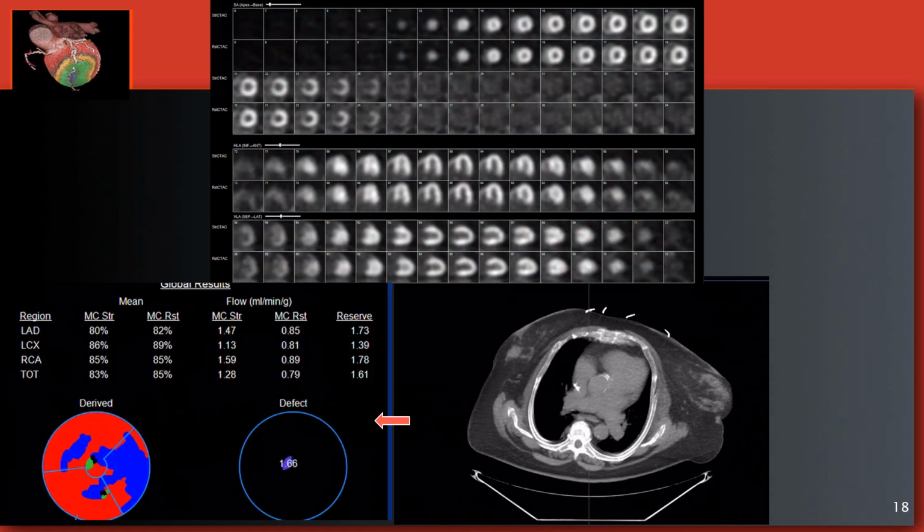And then if you actually look at the polar map, it pulls that out for you and tells you that the area where it's the least is about 1.6. So it tells you that it does correlate to a little bit of a defect there. And then if you look at the presence of calcium, you will see that there is also calcium in that area.